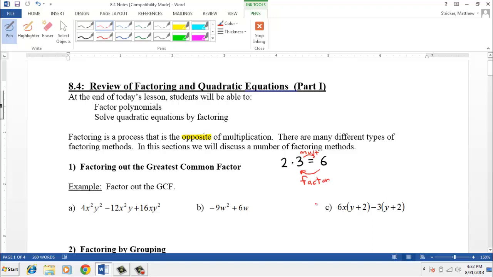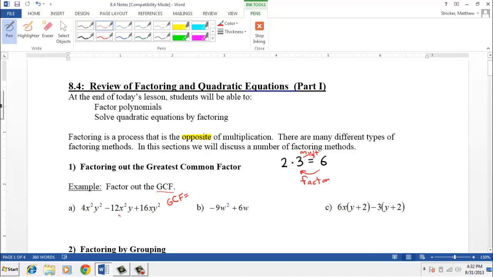And the first type of factoring that we talk about in algebra is factoring out the greatest common factor, or the GCF. If I take a look at this first example, we could write down real quick what is the greatest common factor. We have three terms here.